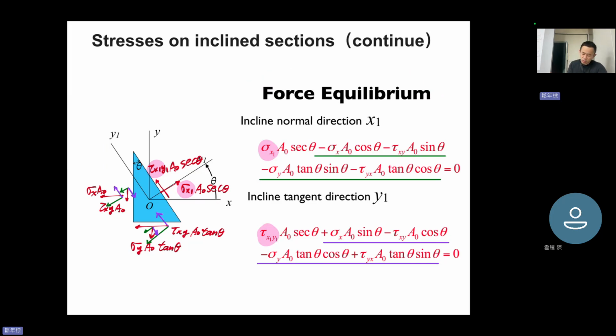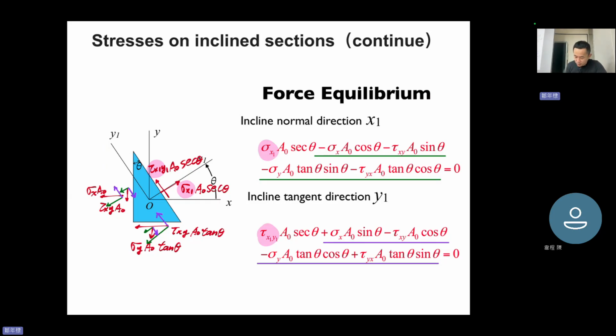Otherwise you may see this material flying around, because if it is not in a stable or force equilibrium state, it will fly around. All right, so please don't say stress balance. Only force can balance. The stress is a state, it's a status of the material.